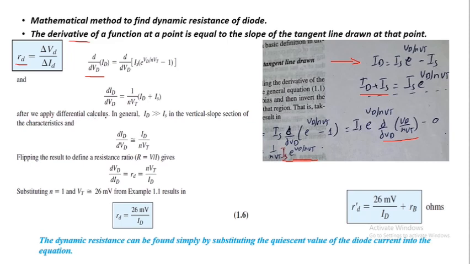After we apply differential calculus, we will get this equation, and in general we know that id is far greater than is in the vertical slope section of the characteristic curve.